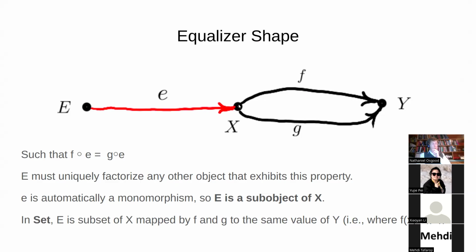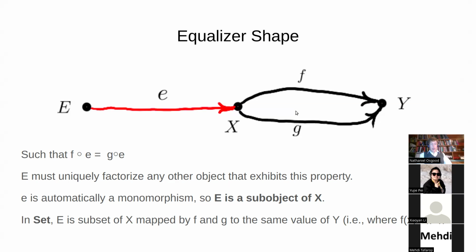Capital E is going to be the subgraph of X, such that the way F maps each of those vertices, and indeed edges, is the same as where G maps them. So this is going to be the subgraph of X that is mapped in the same way by F and G.